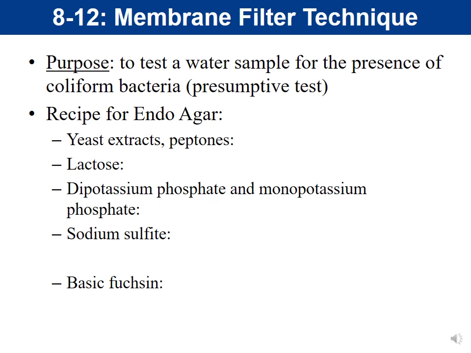However, if you see the colonies turn a metallic green sheen, that happens because when the organism is a rapid fermenter, it's going to decrease the pH, which causes the basic fuchsin to give this metallic green sheen. So you want to know the purpose of sodium sulfite and basic fuchsin, not only as a selective ingredient, but what is their other purpose as well, because that has a role in how you interpret your readout. So those are what you want to study for your EndoAgar.